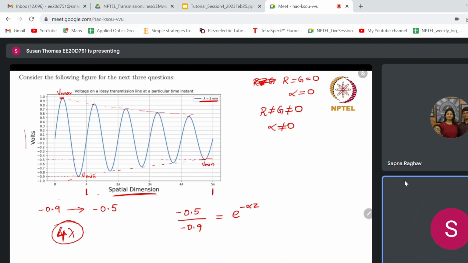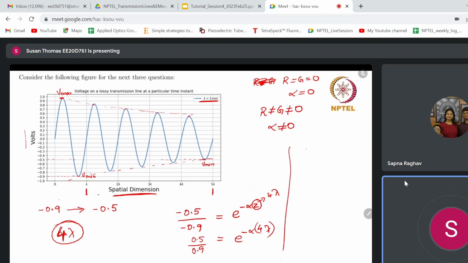Now, what is z here? Z is the distance traveled by the wave. Here it is 4 lambda. So this will be e raised to minus alpha into 4 lambda. Again, this is 0.5 by 0.9.